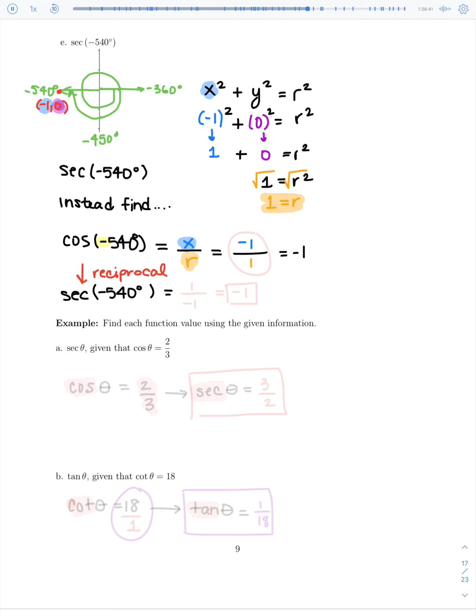It might be easier to look at cosine in fraction form and just flip that upside down. So if you take the negative 1 over 1 and flip it upside down, you get 1 over negative 1, which is still, when divided out, a negative 1. So for secant, we also get negative 1. And that's our final answer.